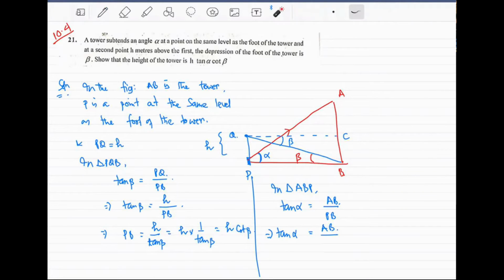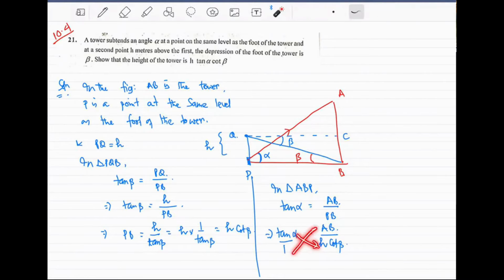And how much is PB? PB, we have already found out that PB is H cot beta, right? So you replace the PB with H cot beta. Okay, cross multiply. There is a 1 down here.